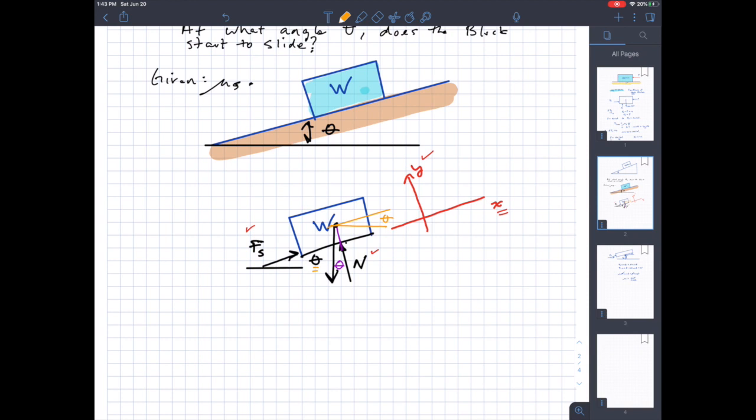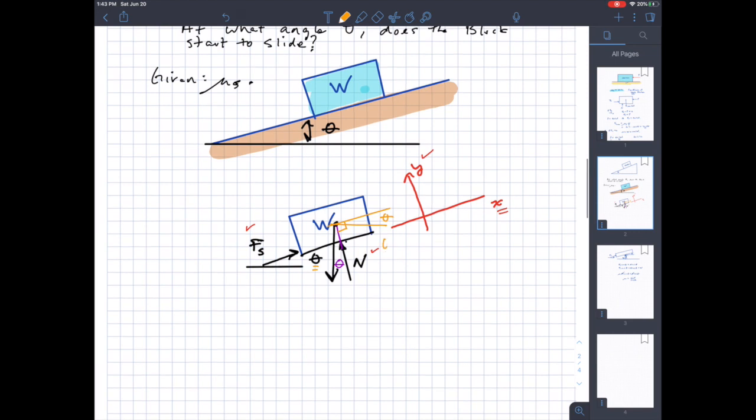I also know that this forms a 90-degree angle because that's the definition of perpendicular. So that makes this one theta, and 90 minus theta is this angle.